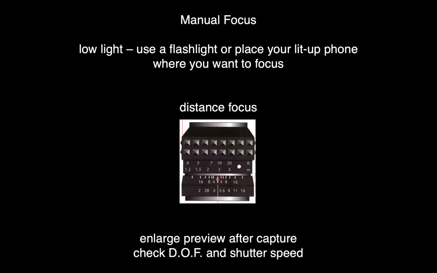But there's also a depth of field scale and a focal scale on some lenses. Usually older film camera lenses would have this, and it lets you essentially estimate where the focal point is. So like in this illustration, it's somewhere right around 9 or 10 feet.